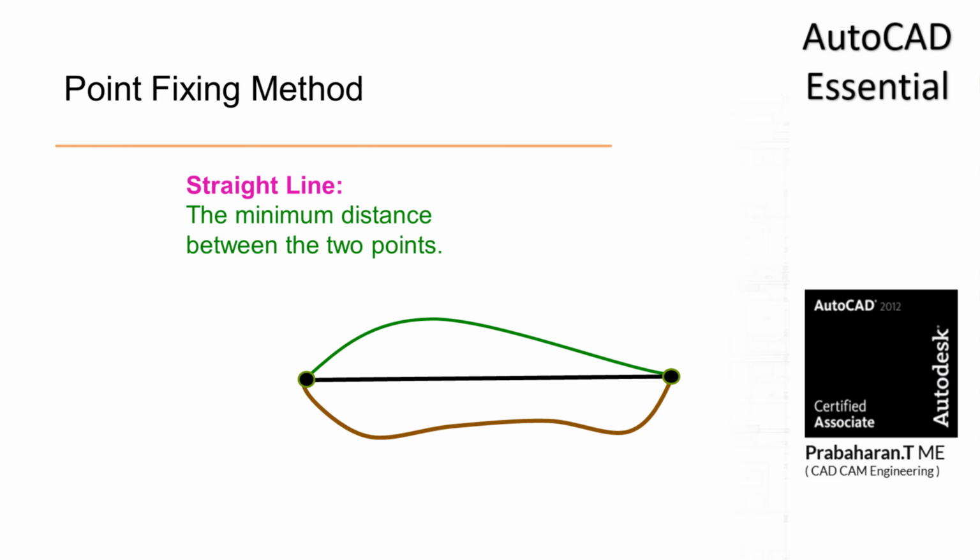So hereafter you should be able to define what is a line and what is a straight line. In AutoCAD we are going to draw straight lines now. Later we will draw all other types of lines. So now we are going to connect points with straight lines only.